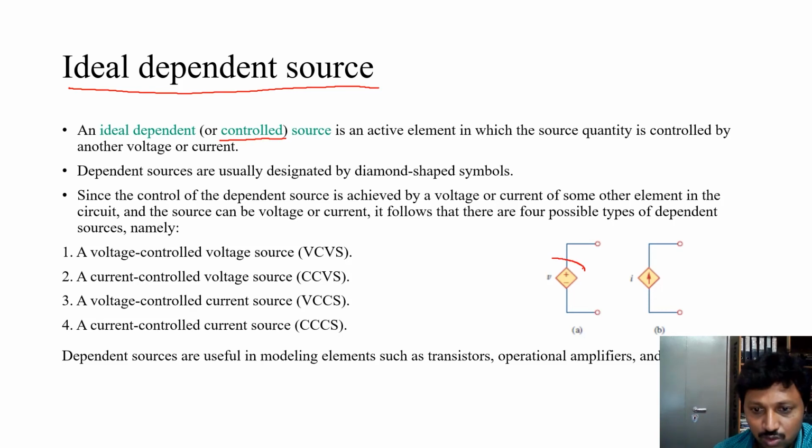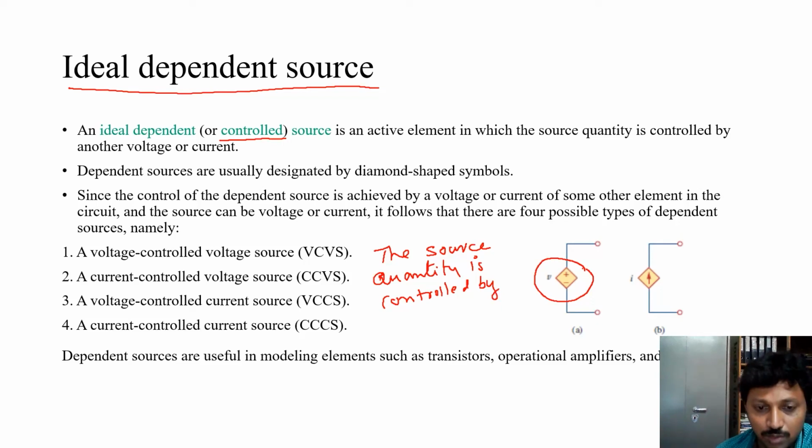So this source quantity is controlled by the circuit variables. The ideal dependent source quantity is controlled by another voltage or current.